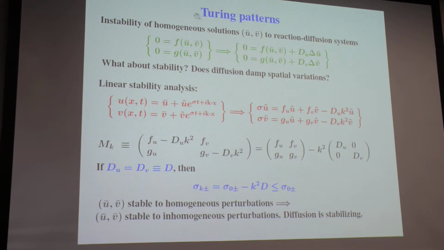And Turing answered that question in the negative. There are circumstances under which this system by itself, without spatial variation, can be stable, but when you add the possibility of variation in U and V and diffusion, then you are unstable. Okay?